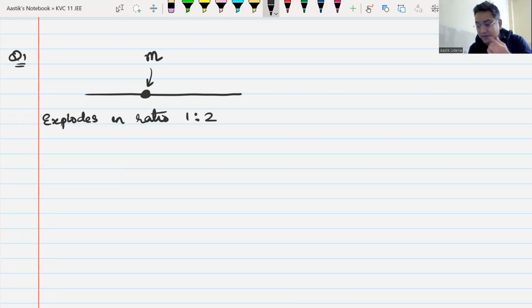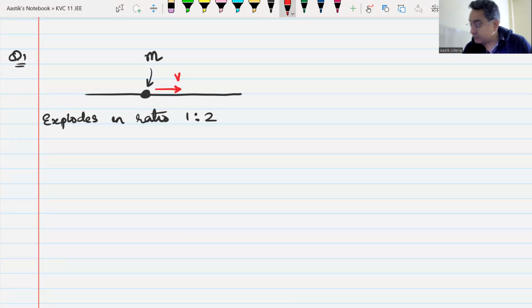I hope we understand this 1:2 ratio. Yes or no? Okay. The heavier one is moving ahead. Oh, let me draw it correctly. The heavier one is moving like this with a velocity v.